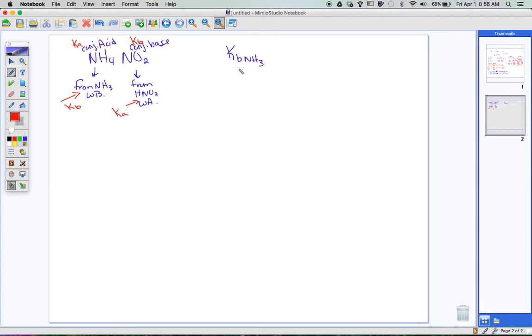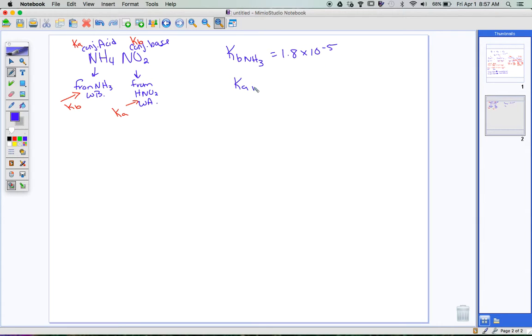So if we go look up the Kb of NH3, which, let me see if I have it handy, because I just kind of made this problem up. The Kb for NH3, I think, is 1.8 times 10 to the minus fifth.